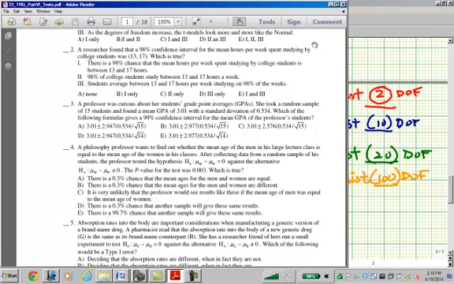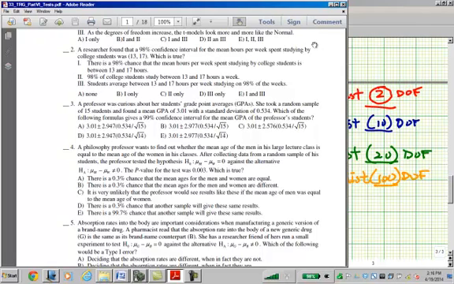Now, my guess is that probably C is 99% confidence for the normal distribution, and I would guess that B is the 99% confidence for 14 degrees of freedom, and I would guess that A is 99% confidence for 15 degrees of freedom.